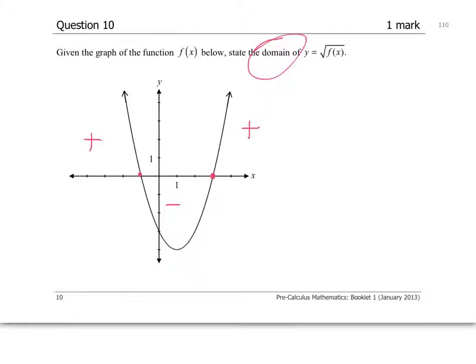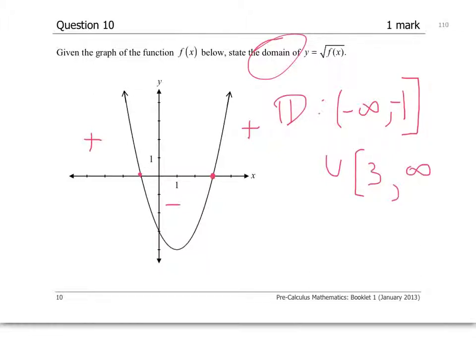So the domain of this graph is going to start at negative infinity. It's going to take a little break there at negative 1, inclusive. You can find the square root of 0. And then we're going to continue again, starting at positive 3 and going on to infinity.